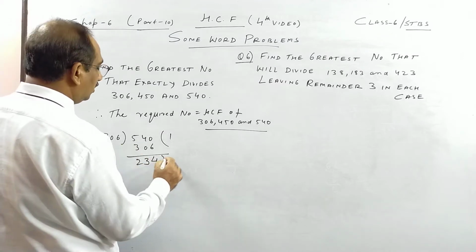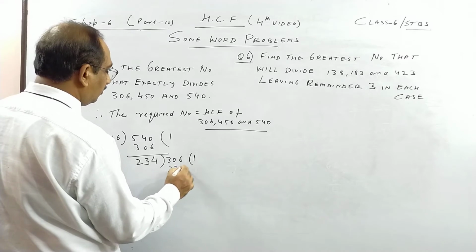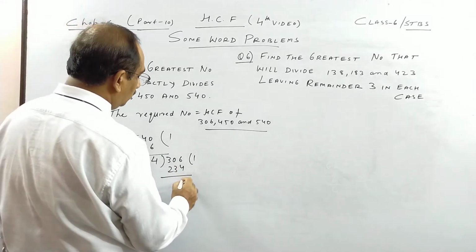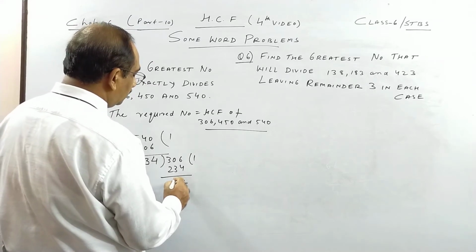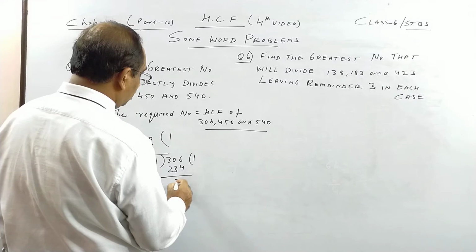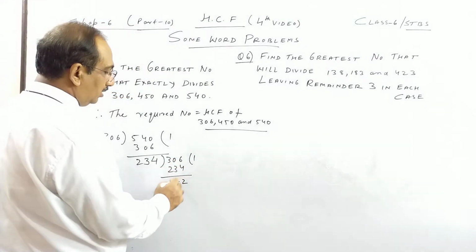Now the divisor comes here, 1 times 234, you will get 272. So 6 minus 4 is 2, this becomes 10, minus 3 is 7.